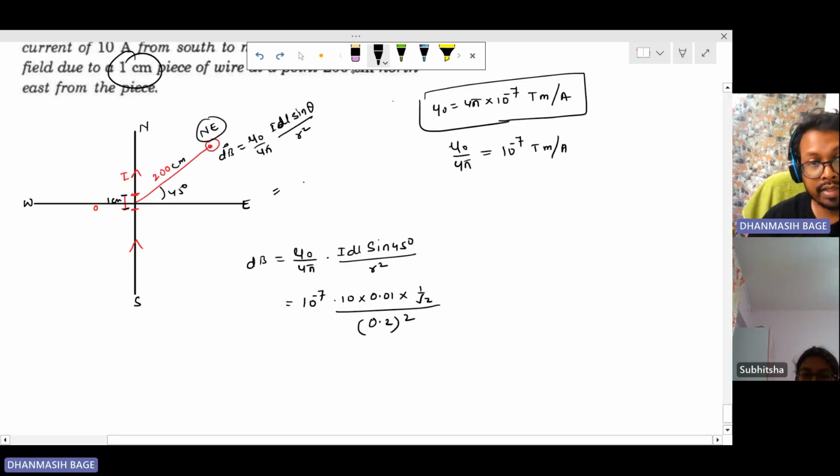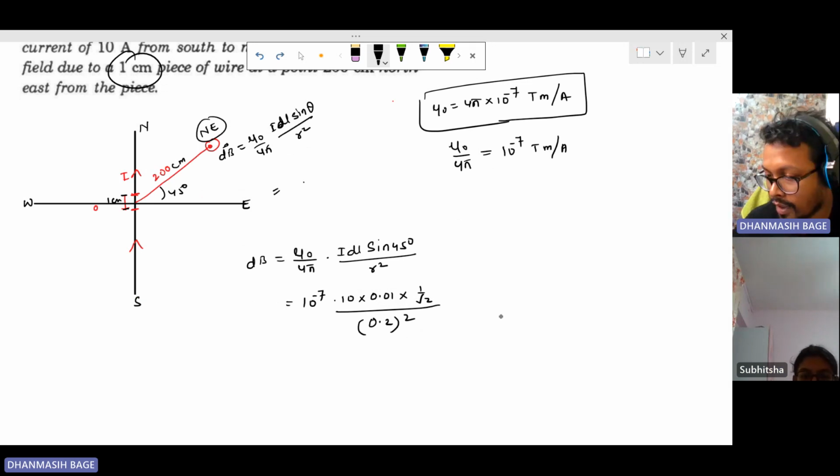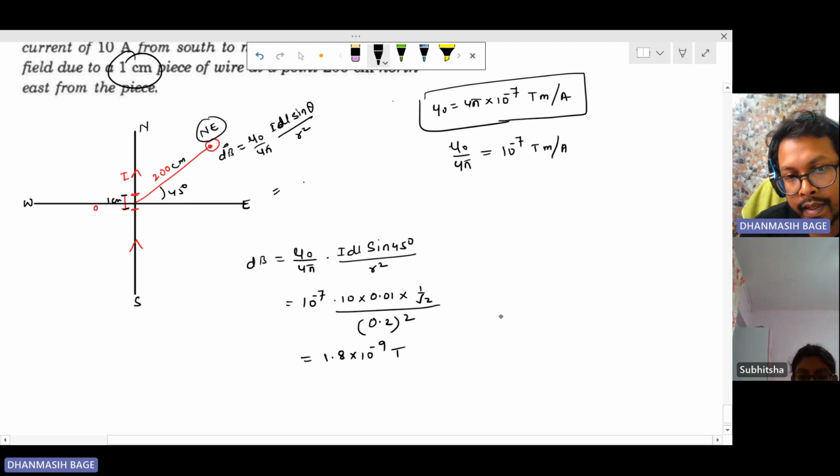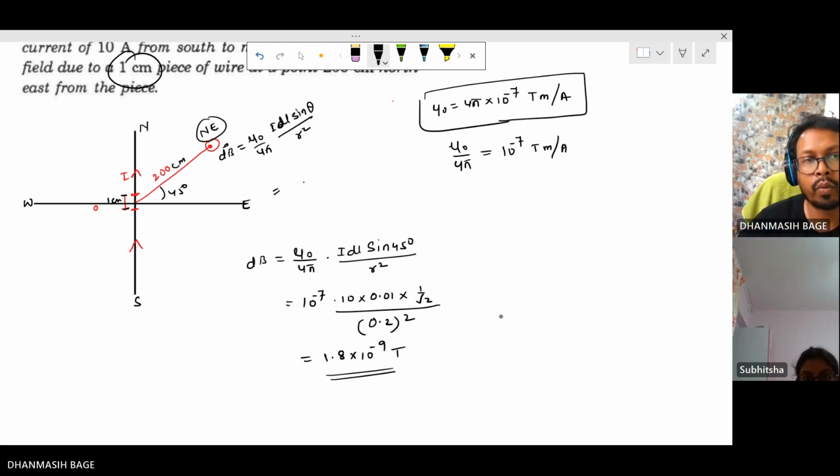And the answer given to you is 1.8 into 10 to the power minus 9 Tesla. Can you give me the direction of it? What is the direction of this magnetic field?